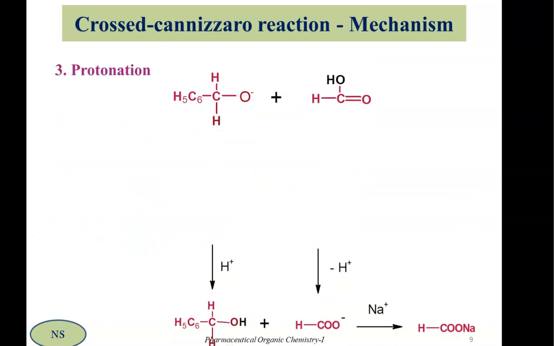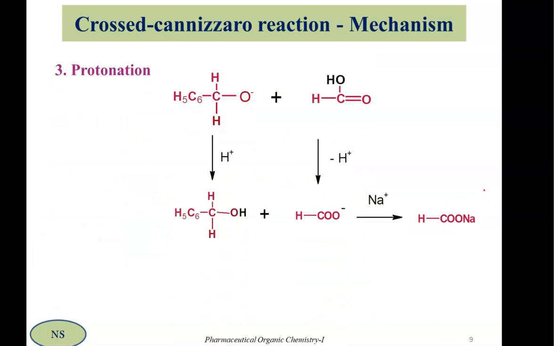Immediately once we get the acid, in the third step protonation occurs. Before that, the sodium ions which are released into the medium exchange for the protons from the acid. So you can also consider it a deprotonation reaction. So sodium ions will react with the resulting formate ions, so that we get sodium formate as one of the products.